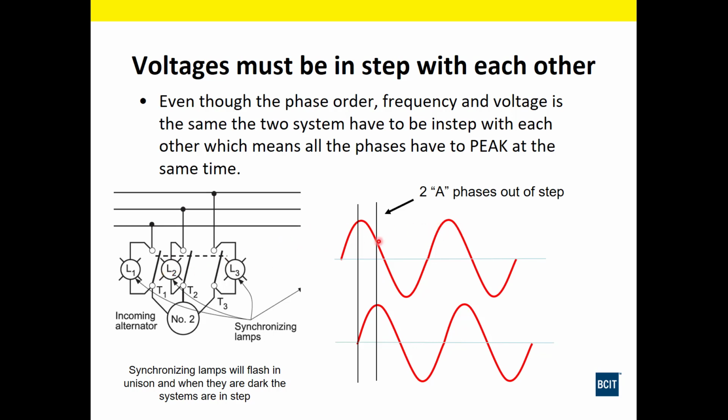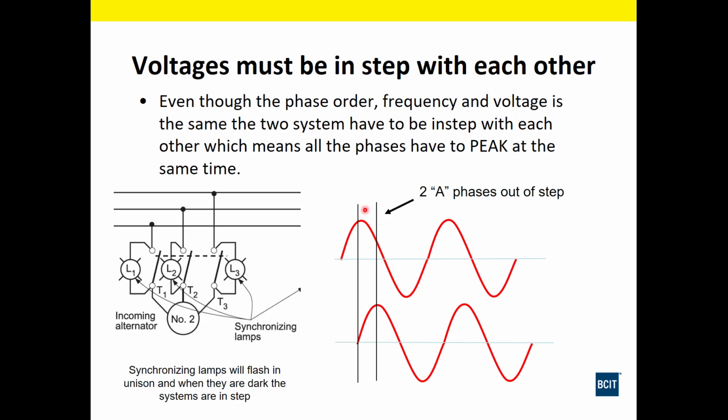So what happens now, and why these lights flash, is we haven't got the frequency perfect yet. It's very hard to get the frequency exactly spot on. One's always going to hunt up and down a little bit. Because one of them is slightly out of frequency, it's going to overtake the other, and one waveform is going to pass it.